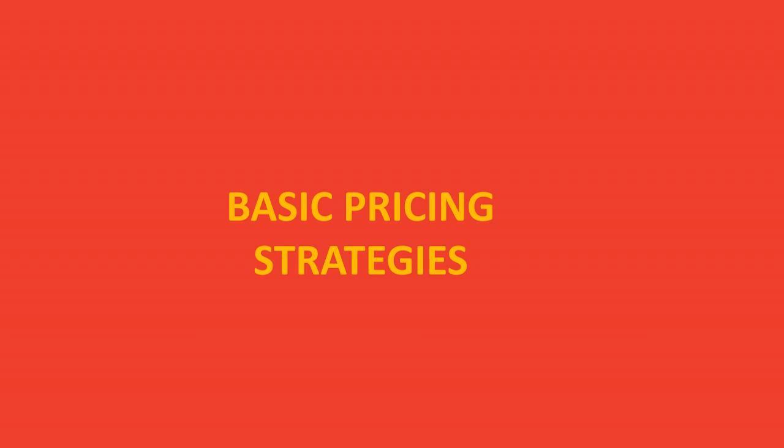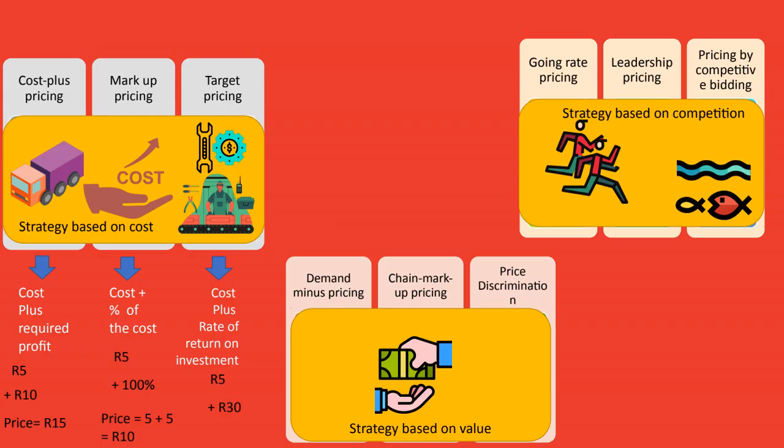And they're nice and easy and basic. So let's just have a quick look. The first group of strategies here on the left of your screen is what is called a pricing strategy based on cost. So this is all about cost plus something, the cost of producing a product.